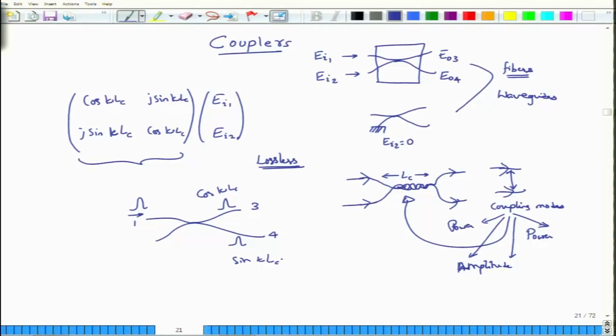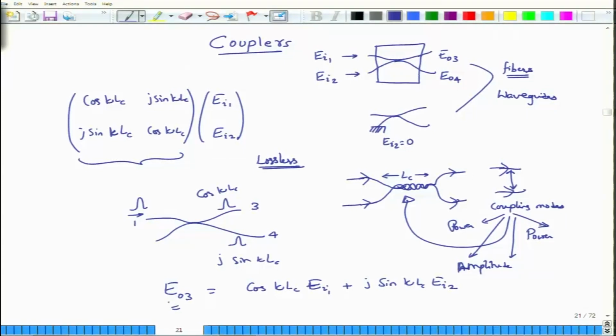This is how the split of the amplitude has happened, but in addition to the split in terms of the amplitude, there is also another phase shift of j which comes through this, where j is basically pi by 2. So, you have a cosine kappa LC and a j sine kappa LC as the output. So, indeed you can write EO3 as cosine kappa LC times EI1 plus j sine kappa LC EI2.